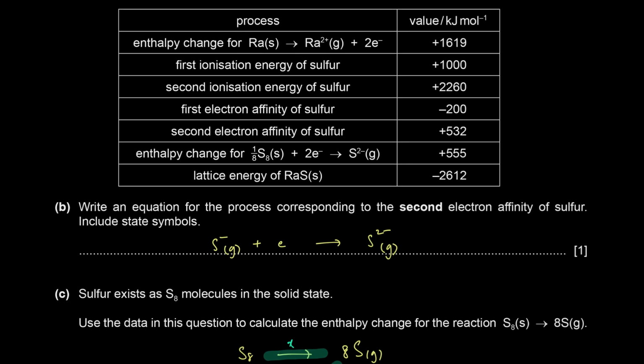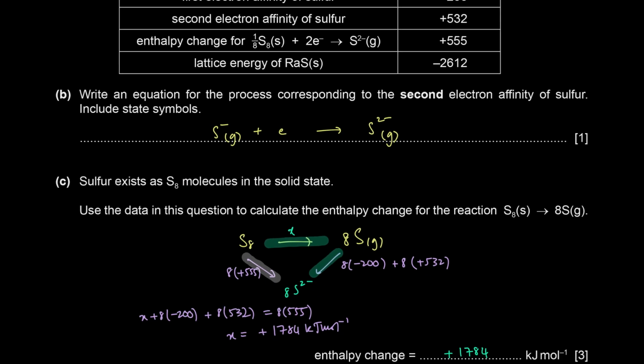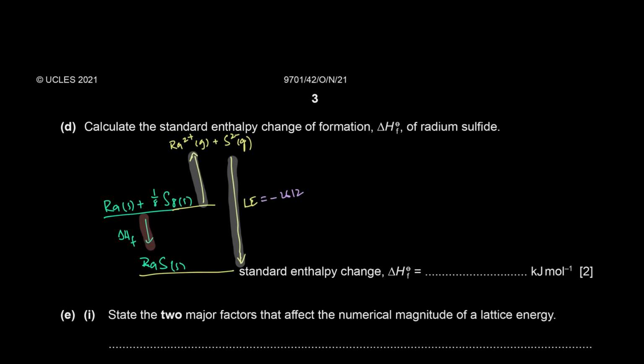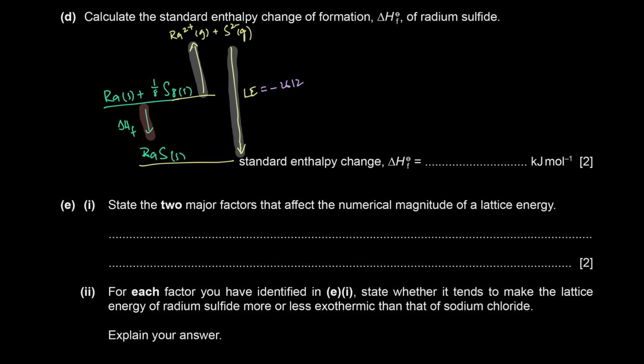We can go directly from radium solid to radium gaseous ions. That is the atomization of radium plus the first ionization energy plus the second ionization energy. That entire process to go directly from radium solid to radium 2 plus gaseous ions is positive 1619.